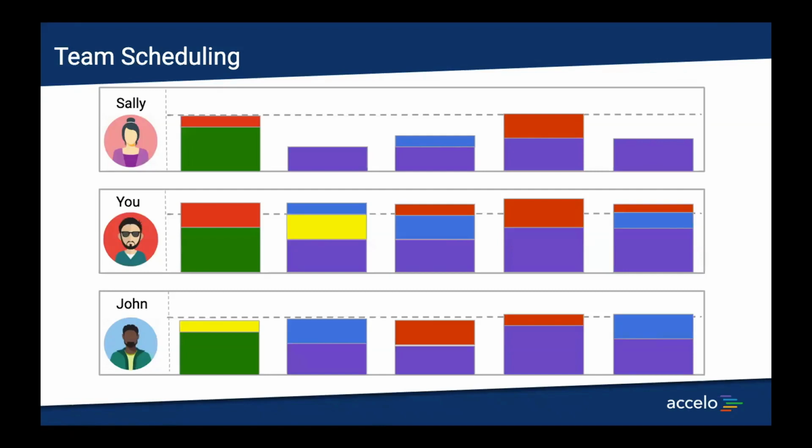And in the team scheduling area, what's great about this is that we can see individual members' schedules and their capacity at this time. And we can actually filter this team scheduling area by not only type of work, so maybe we want to look at just projects, or maybe we want to look at specific projects or a specific type of projects.